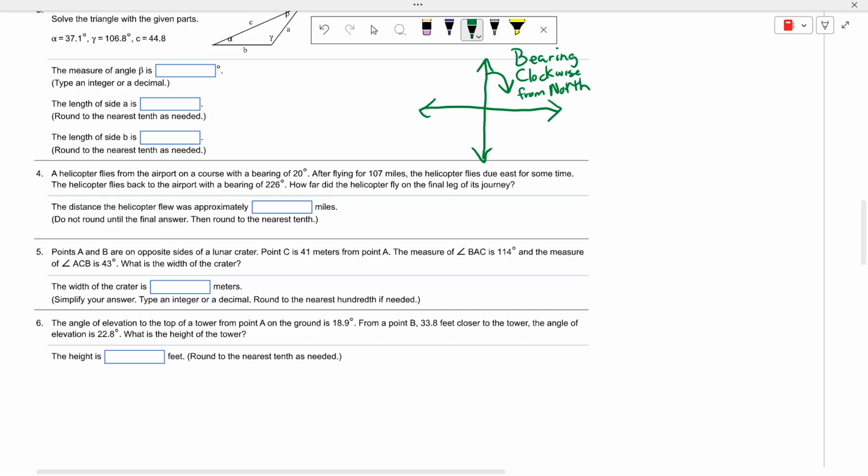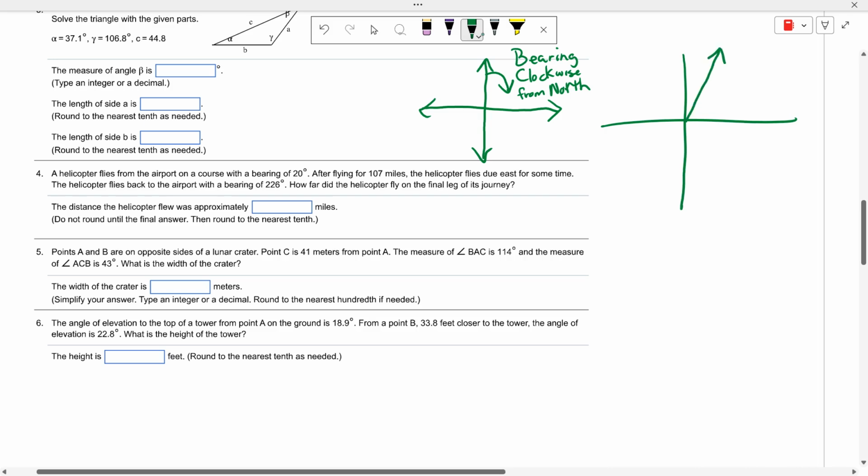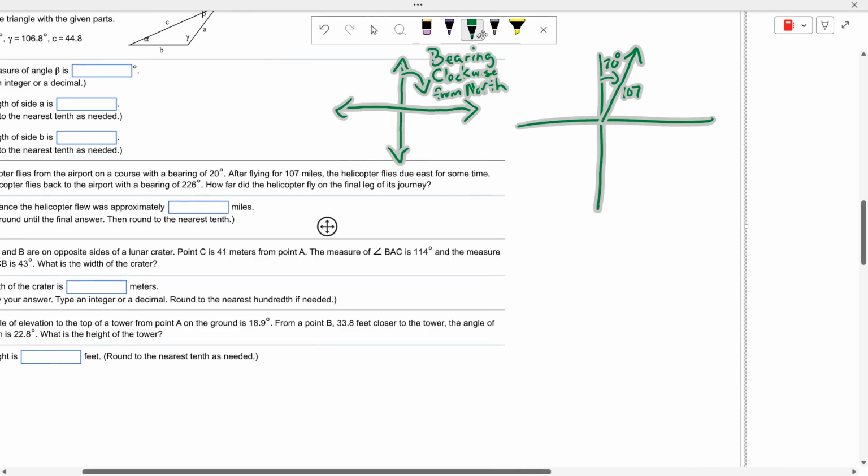So if a helicopter flies on a course with a bearing of 20 degrees, it's 20 degrees away from north is where it's flying. Now, it flies for 107 miles, so the length of this side of the triangle is 107. Then it flies due east for a while. I don't know how long a while is, but let's make it that long.